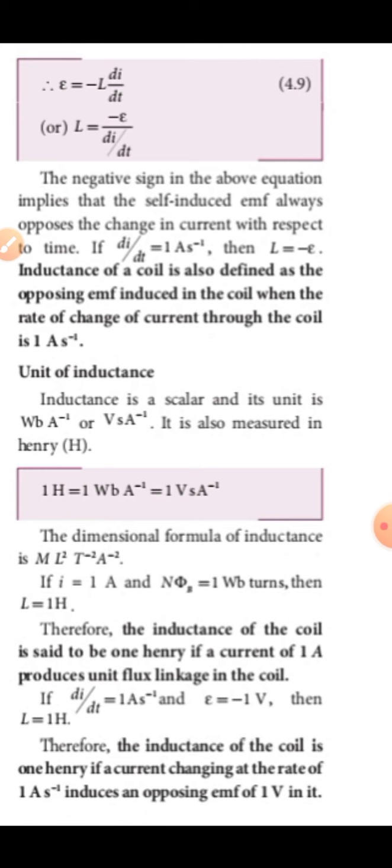If dI by dt is 1 ampere per second and epsilon is minus 1 volt, then L is equal to 1 Henry.